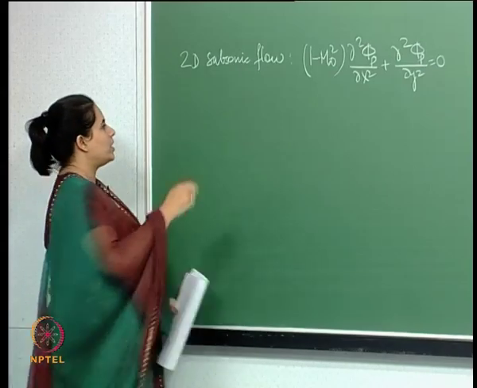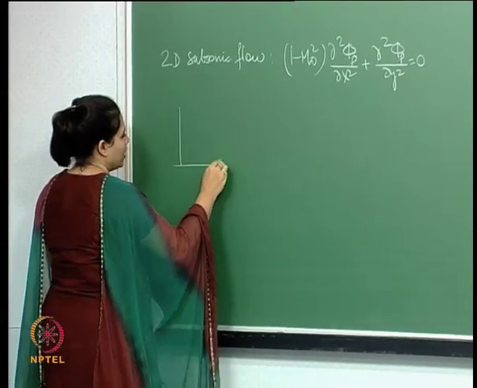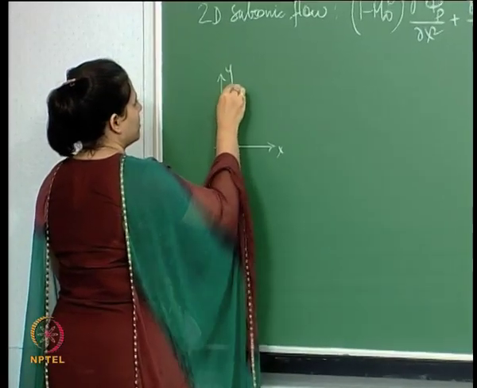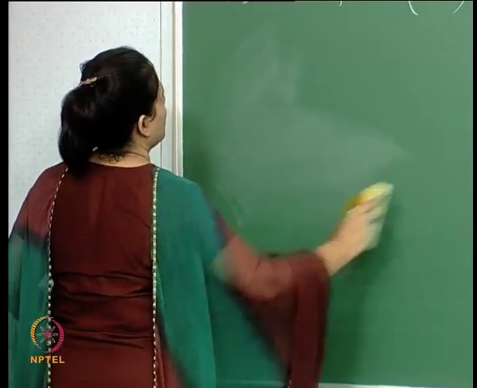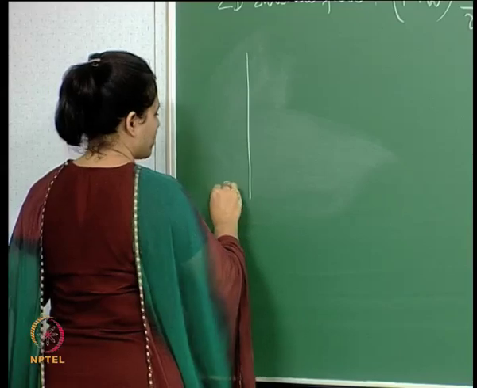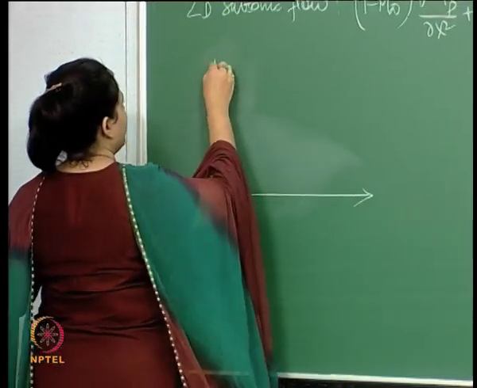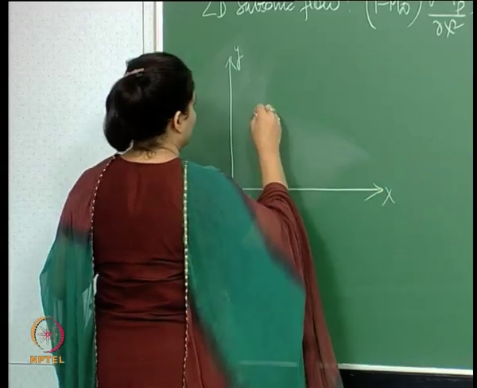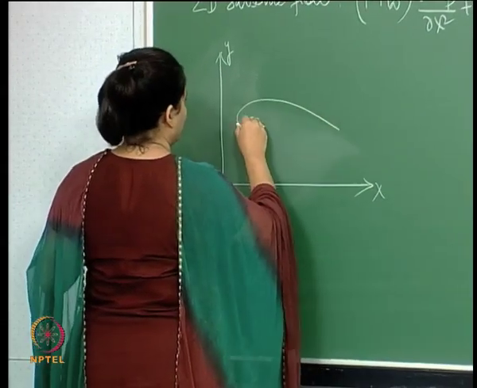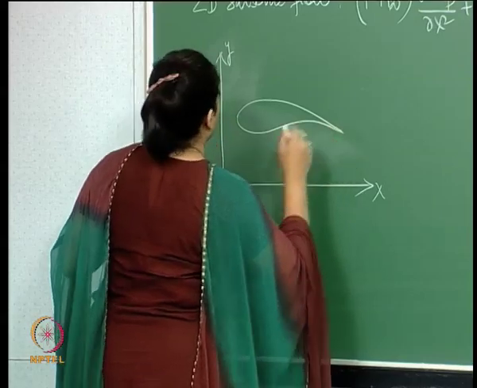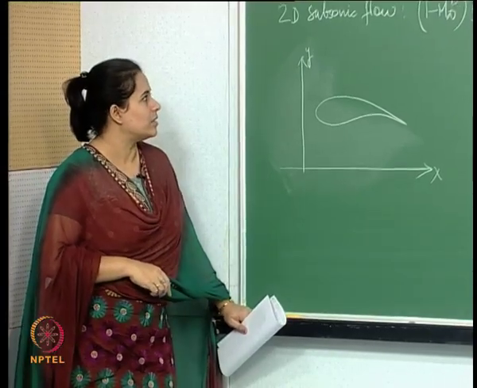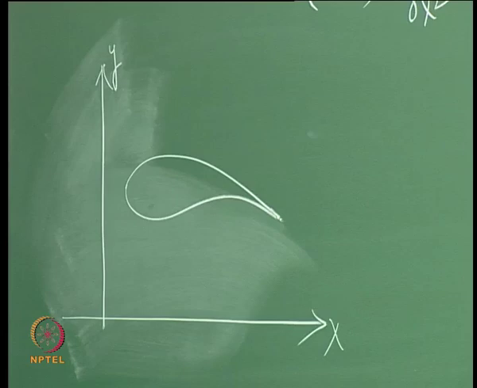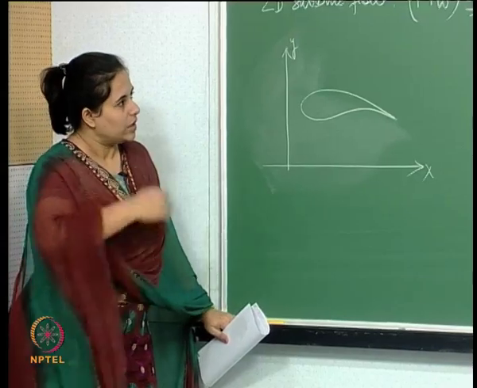So say we have an airfoil like that, in this x y coordinate system, then the governing equation for a 2D subsonic flow will be so.